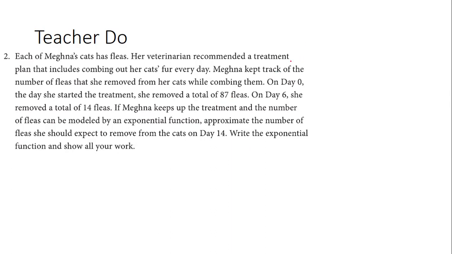So let's go through and mark our text. On day 0, we have 87 fleas. On day 6, she has 14 fleas. So if they're declining, the medicine is working, right? And it wants us to find out day 14 and create an exponential function, right? Agree? All right.